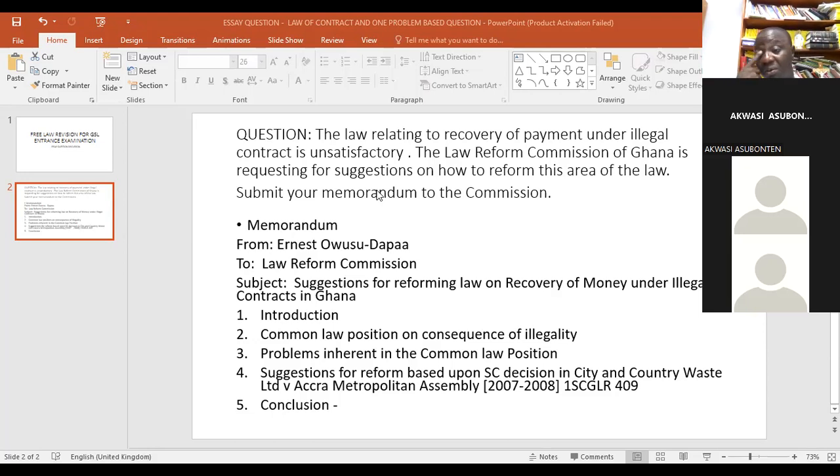These were quite strict, and there are situations where these exceptions will not really avail and there'll be injustice.